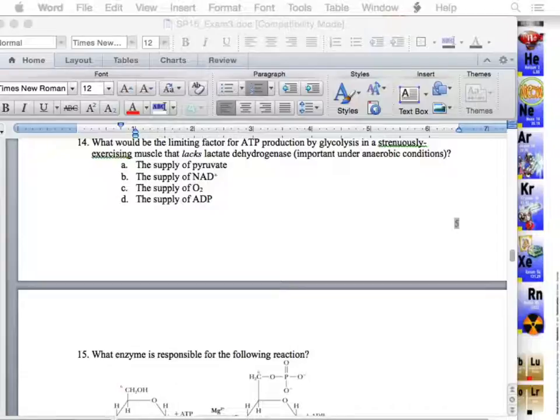So if we don't have lactate dehydrogenase, now what happens? We just have NADH. You can't do anything with it, and I can't do anything with NADH if I don't have oxygen. So that's the strenuously exercising part of this. We're now shifting into anaerobic conditions. Well, I need something to convert that NADH across.